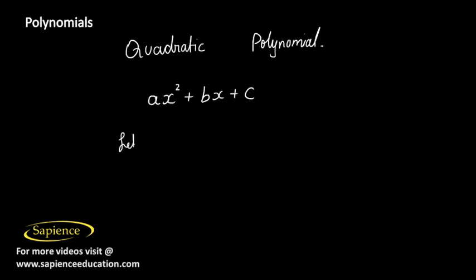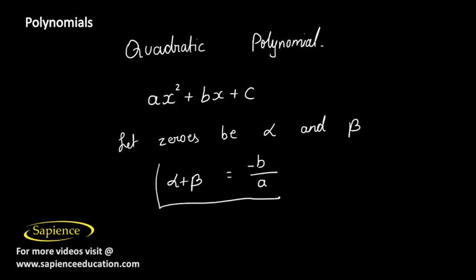So let the zeros be, since it is a quadratic polynomial, it is possible to have 2 zeros. So we can take the zeros as alpha and beta. Now the relation between the coefficients a, b and c, and alpha beta: the sum of the zeros is equal to minus coefficient of x by coefficient of x square.